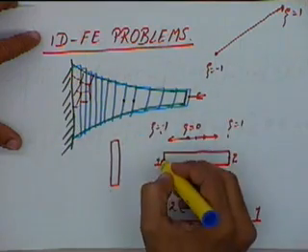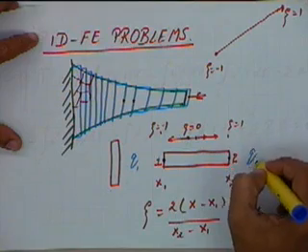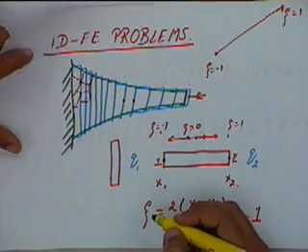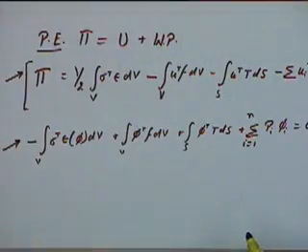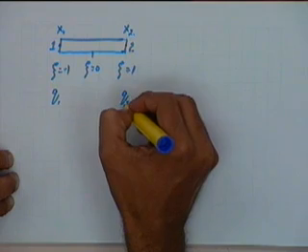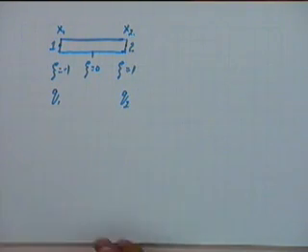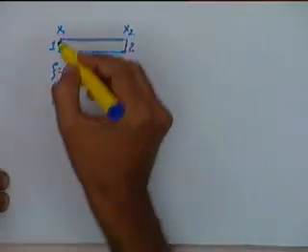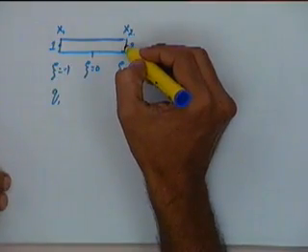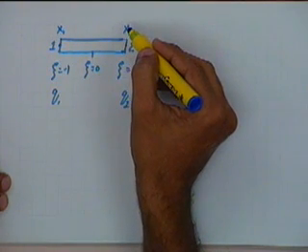Let us say the deformation at this point is q1 and the deformation at this point is q2. If you know the deformation here and here, we are interested in finding the deformation at any point inside this element.